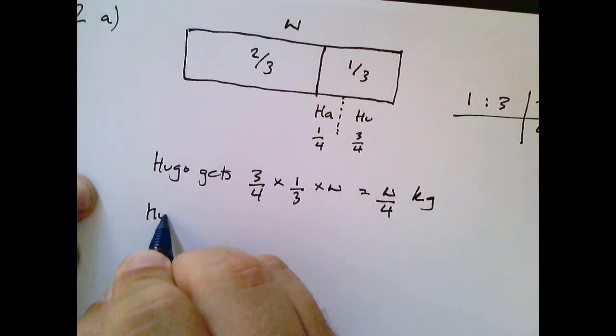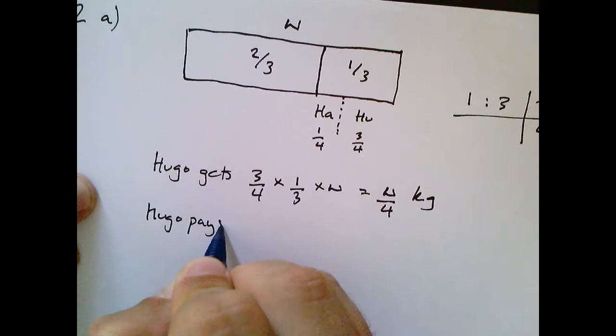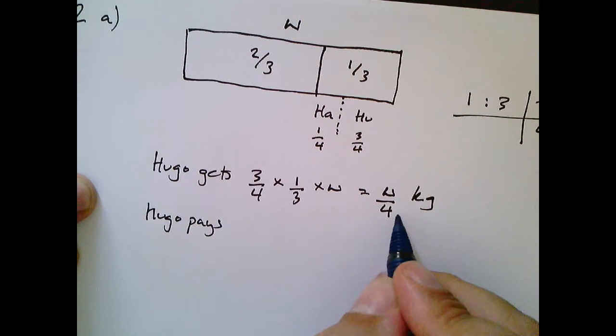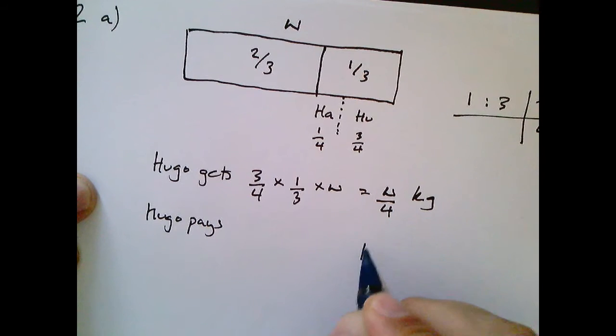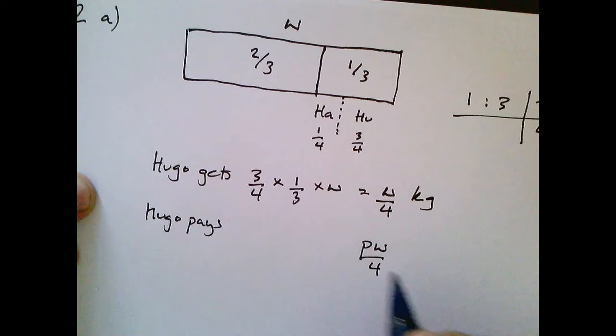So Hugo pays this P for every kilogram, he pays PW over 4. Okay, there's our first answer.